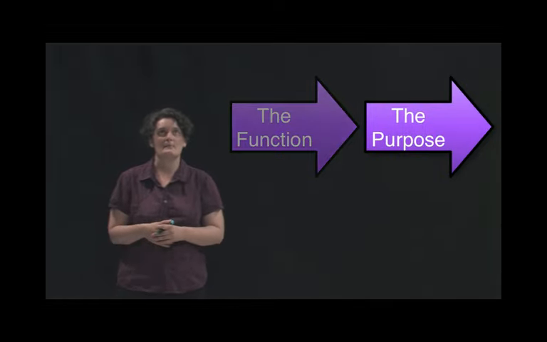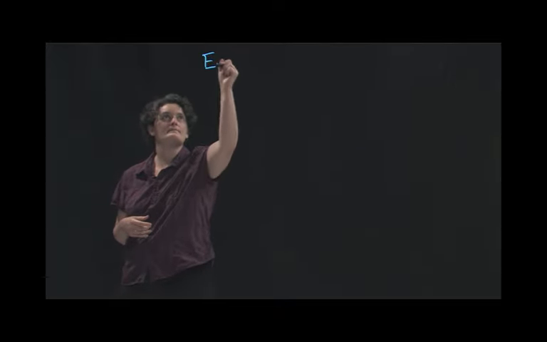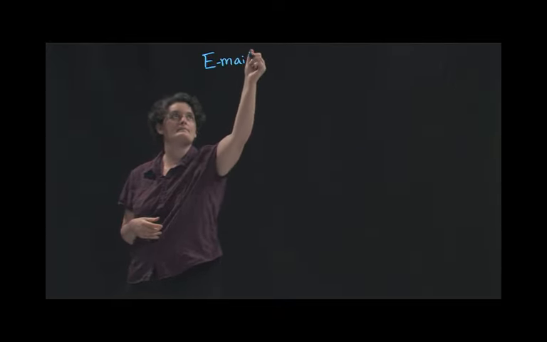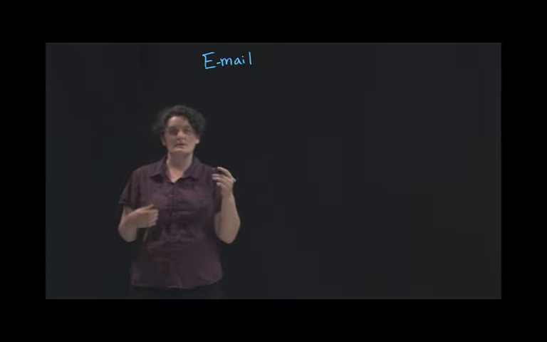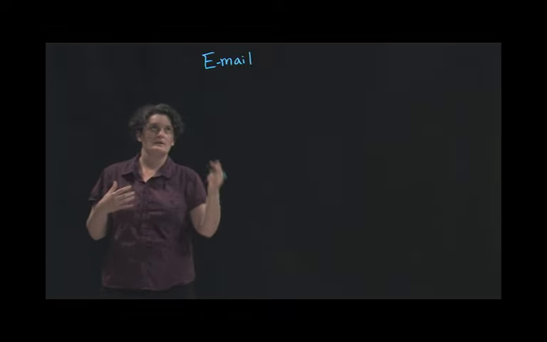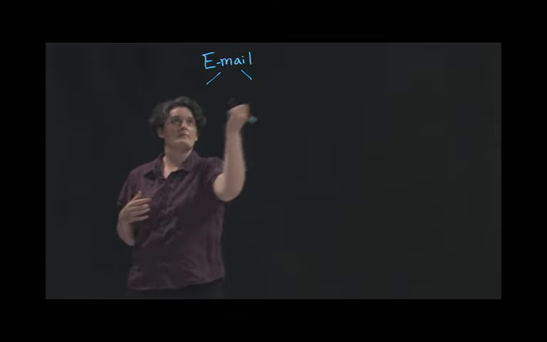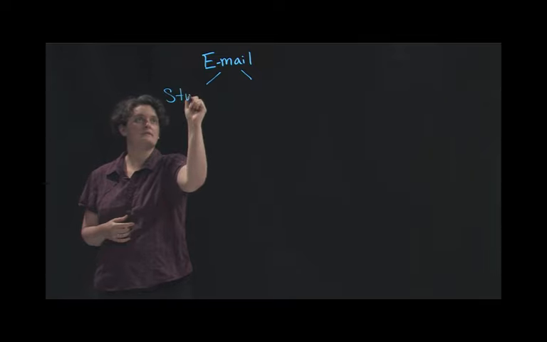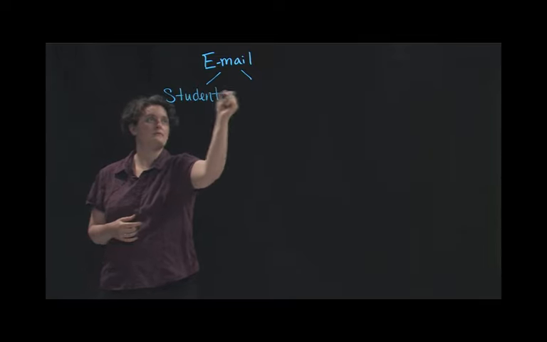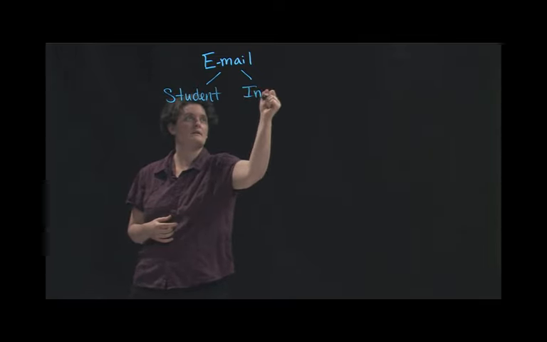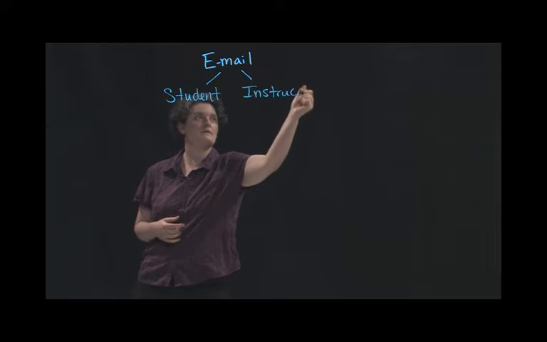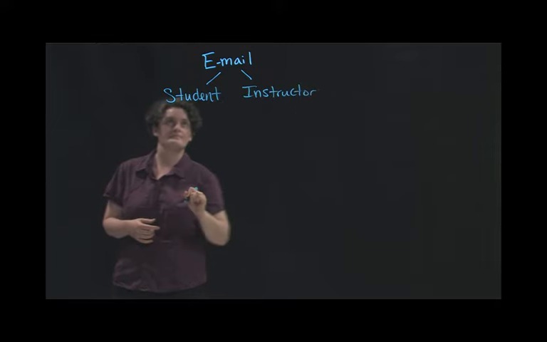So let's take an example. Say that we have an email. This email is going to be between two people. For this example, we're going to have a student who's going to email the instructor.